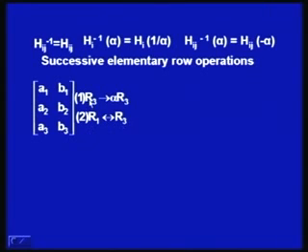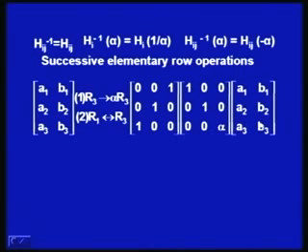The first is R3 changes to alpha times R3, and the second operation is that R1 and R3 are interchanged. Now, these 2 successive operations can be performed on this matrix, and then we will get this matrix. What is this? This matrix is nothing but H3 alpha, and this matrix is nothing but H13.